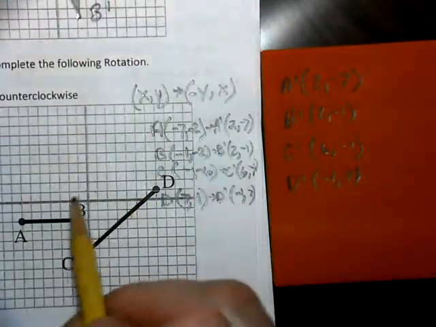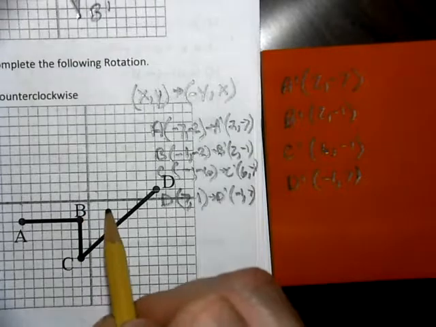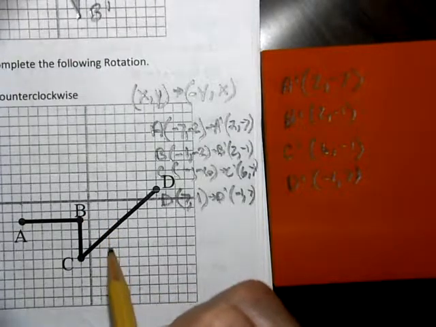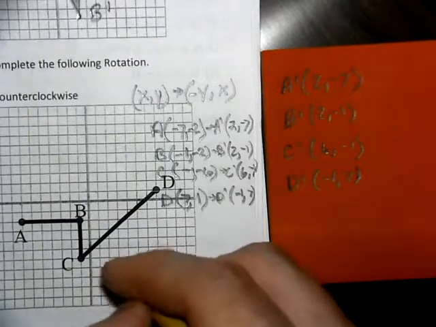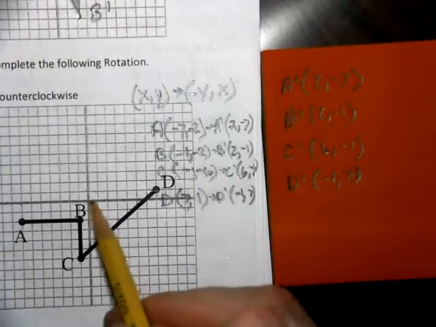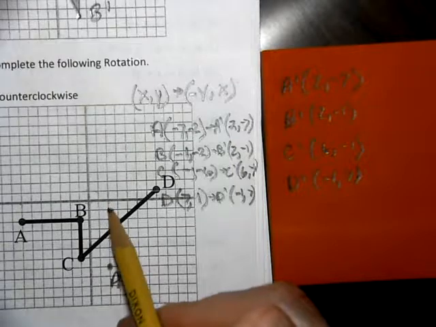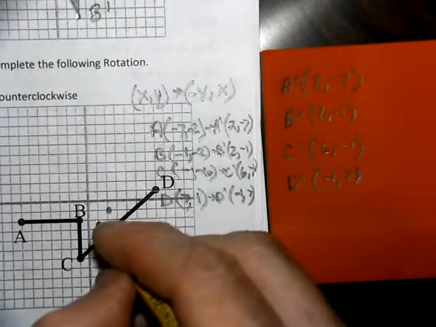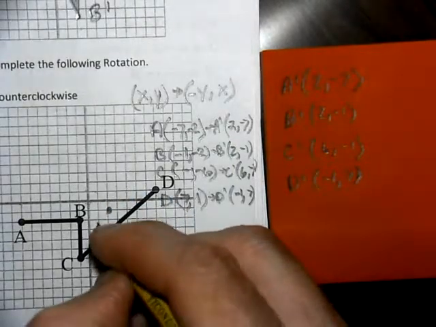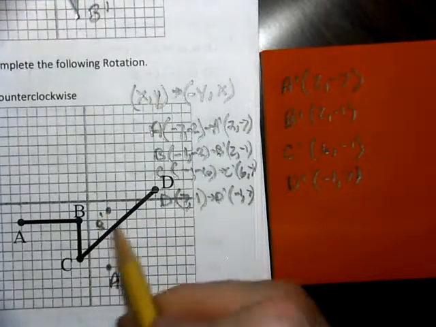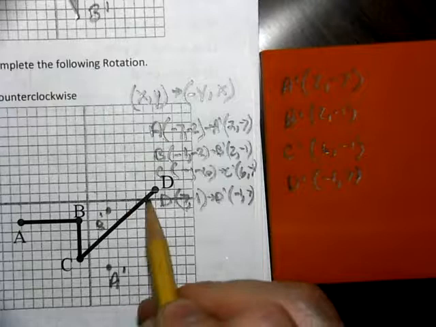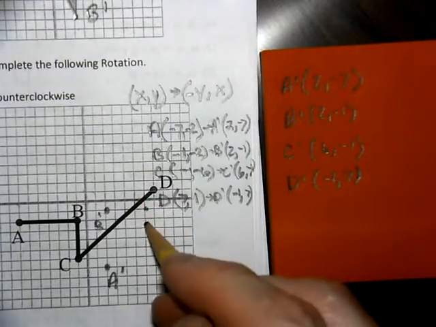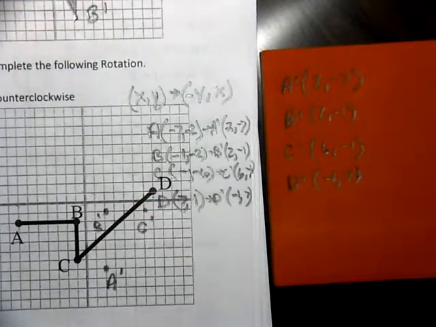So let's plot them out. That would be our A prime. That would be our B prime. That's our C prime.